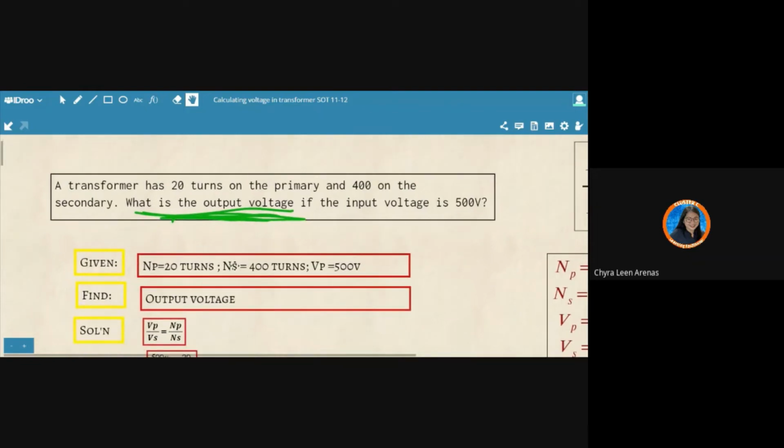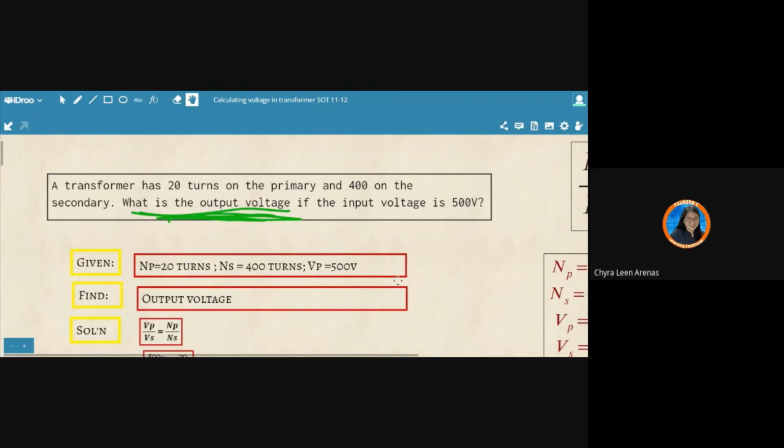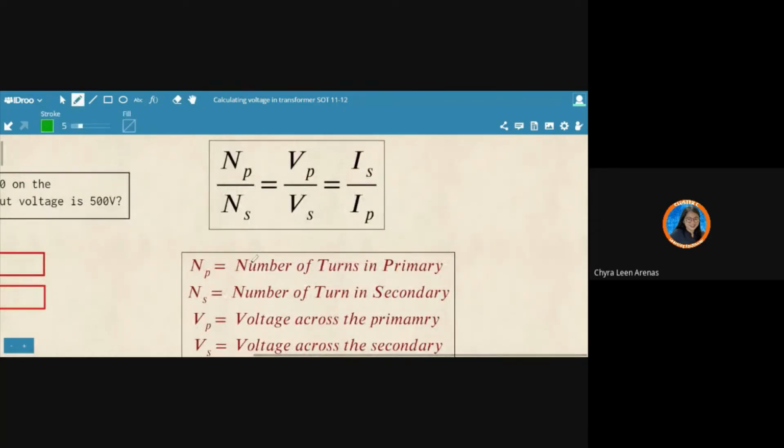Like what I told you, in identifying the good formula that you have to use in the problem, you have to know what your given is and what you need to find. Based on our number one problem, we have to look for the output voltage, and we have a given which is the number of turns. So automatically, the formula that we have to use is NP over NS is equal to VP over VS. Because you have the voltage and the number of turns, that is the best way for us to solve it.